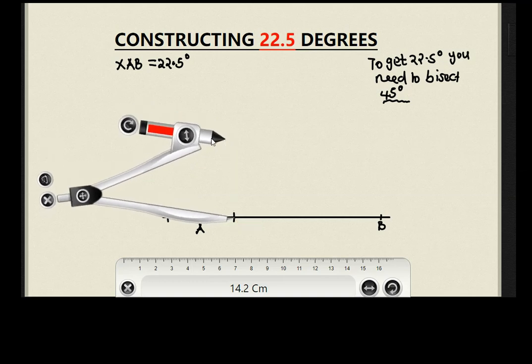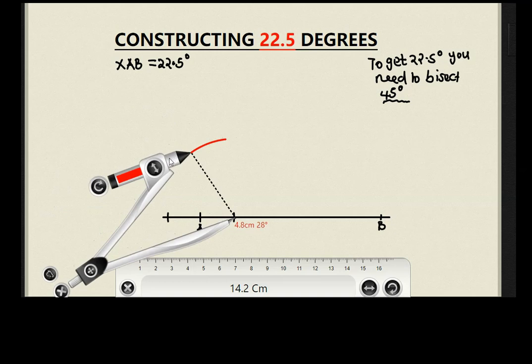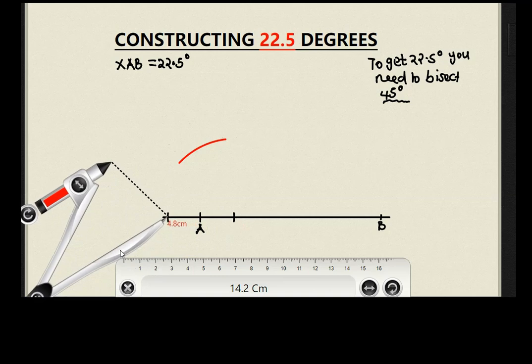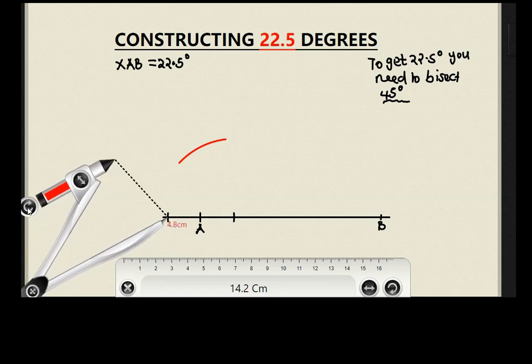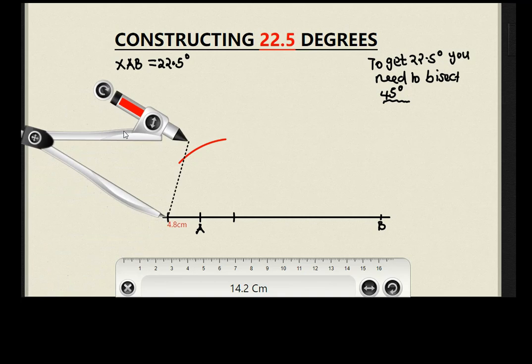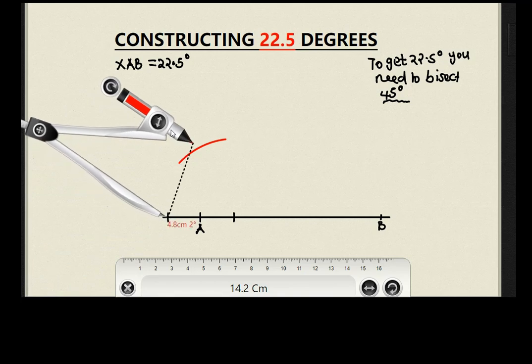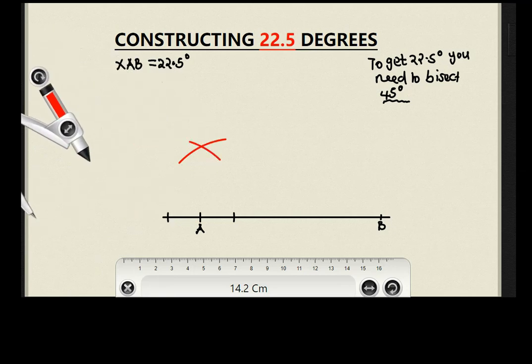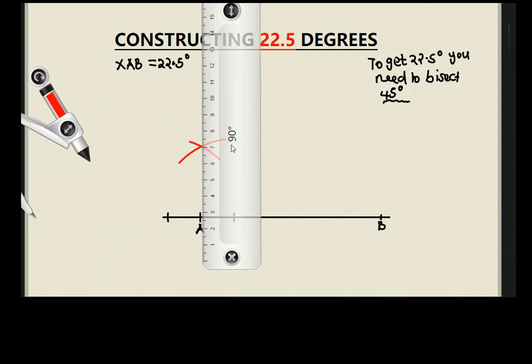So I'll draw an arc above point A like this, and then transfer it to this point and draw an arc such that that arc will intersect with the other arc that we have drawn. Then we have that, and I'll use it to draw a straight line like that.